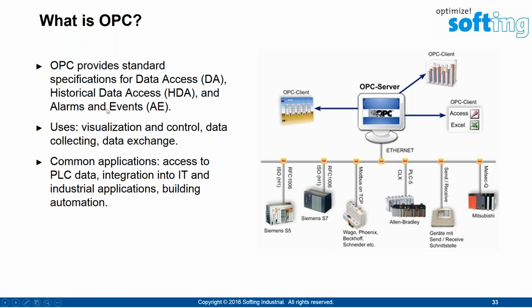And also you have OPC alarms and events, or AE, and this specification defines the exchange of alarm and event type message information, as well as variable states and state management.